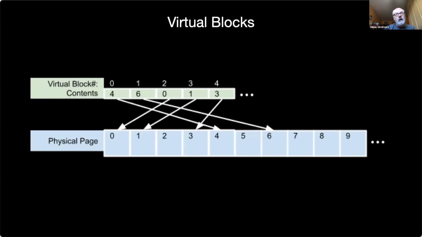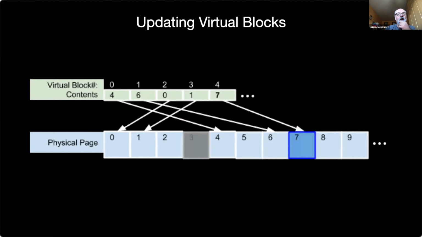So we can have a virtual page table, and as we update, oh, there we go, that's how it works. That's how it starts off. And then we want to write to block 4 again, and this time we have to use page 7 because that was the next available. Oh, that's good, nice bit of animation.